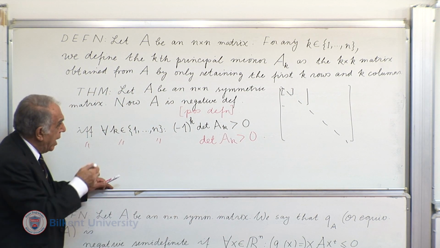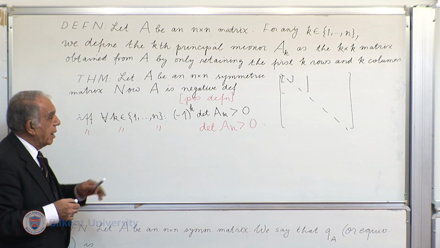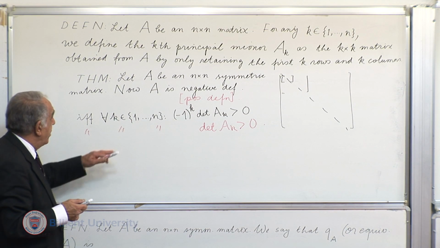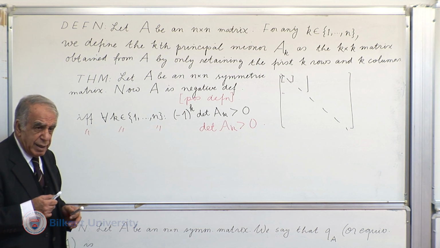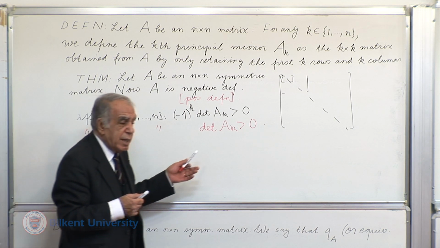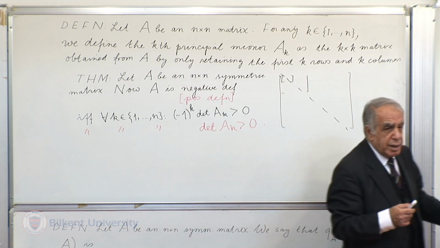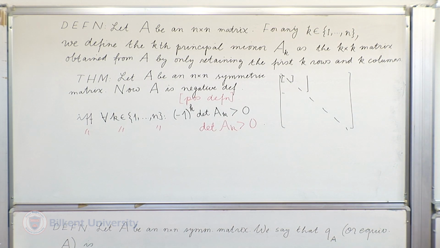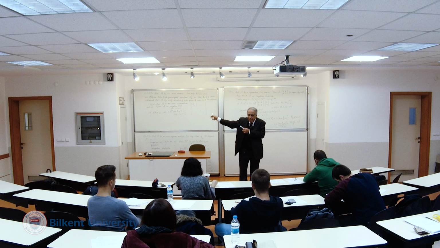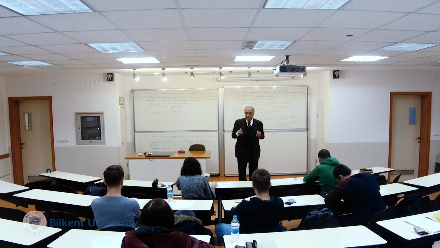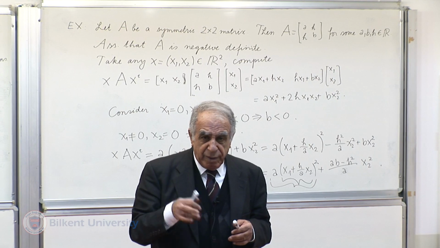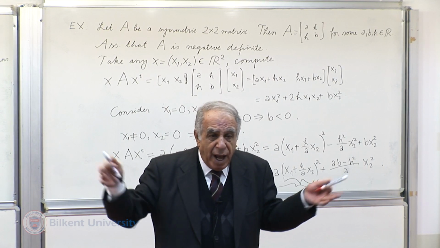So here we have a constructive characterization of positive and negative definiteness, because you just consider n matrices, compute their determinants, and if they obey the inequalities in here, you can decide whether something is positive definite, negative definite, or not.